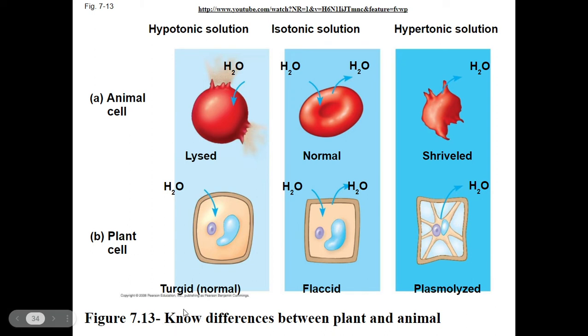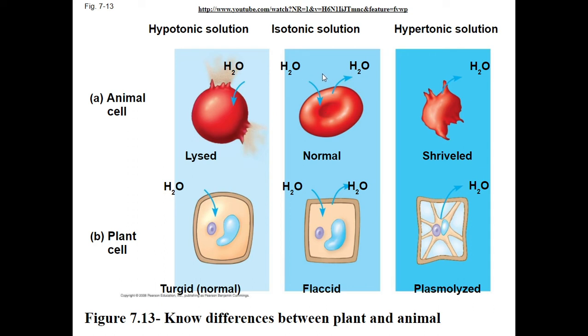And this is going to be very important. It is very important to know the differences between both plants and animals and how those cells might react to different types of solutions. So again, a hypotonic solution is when the solution has not a lot of stuff, and so water will want to go into the place with a lot of stuff to even that out. Isotonics are even, it's a 1-to-1 ratio, it's an even flow.